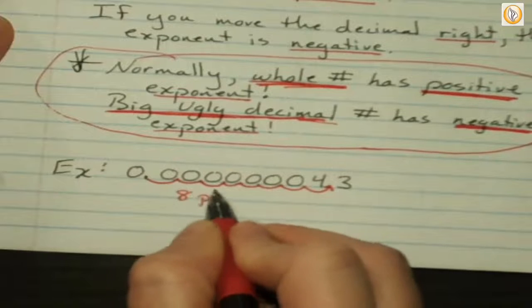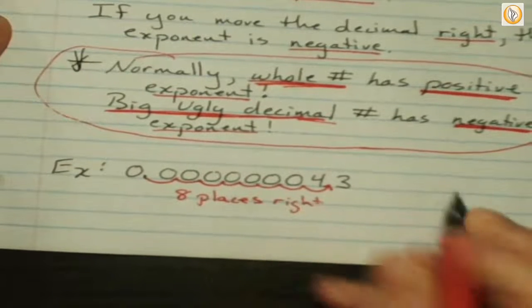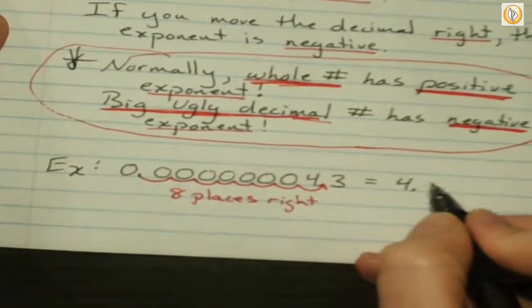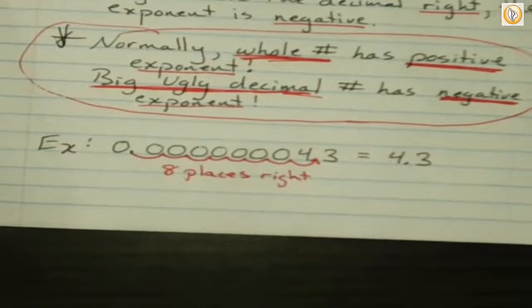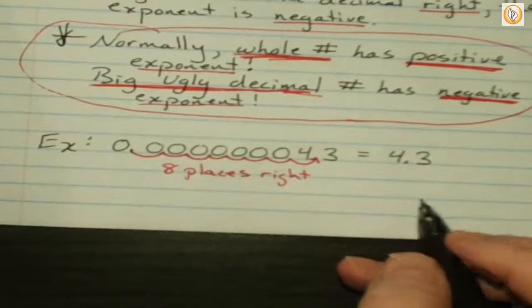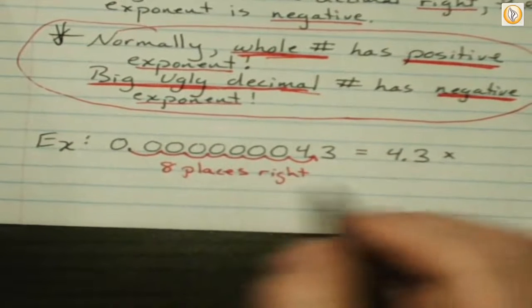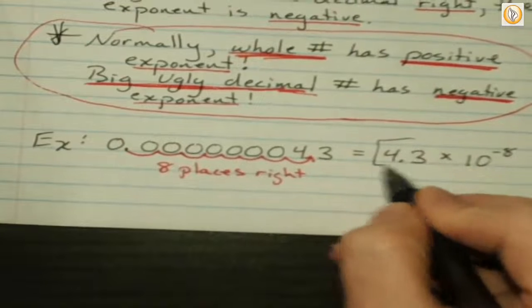So 8 places right. And therefore, we get 4.3 now. Isn't that between 1 and 10? You see that, Cecilia? So 4 is between 1 and 10, yes? So we have one number, point, and then the rest. It's big ugly. We moved it 8 places, so it's times 10 to the negative 8. And there's my answer.